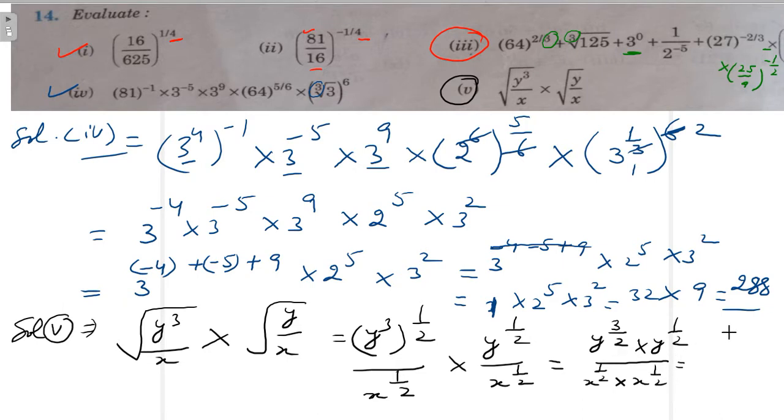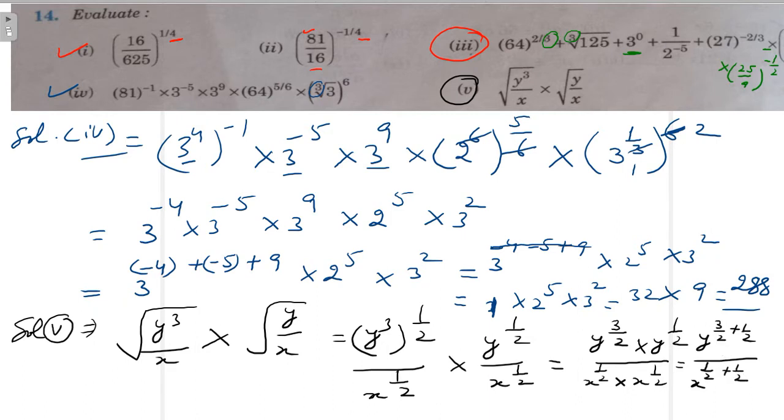So bases are the same, so it would become y raised to power 3 upon 2 plus 1 upon 2, and x raised to power 1 upon 2 plus 1 upon 2, right?